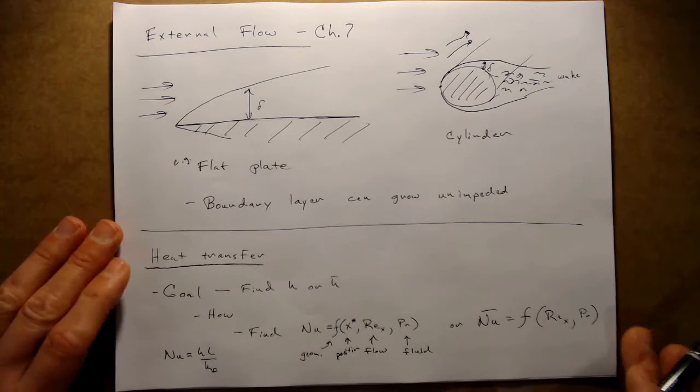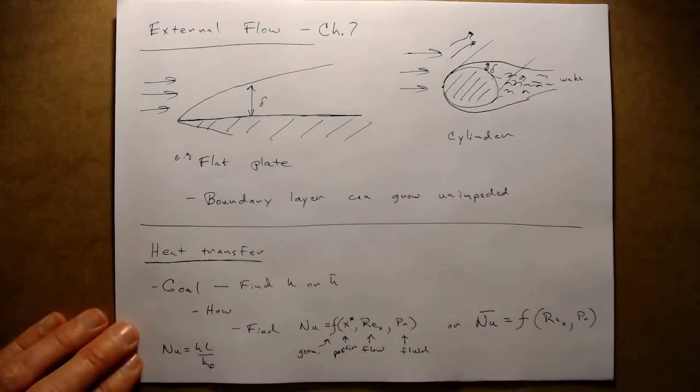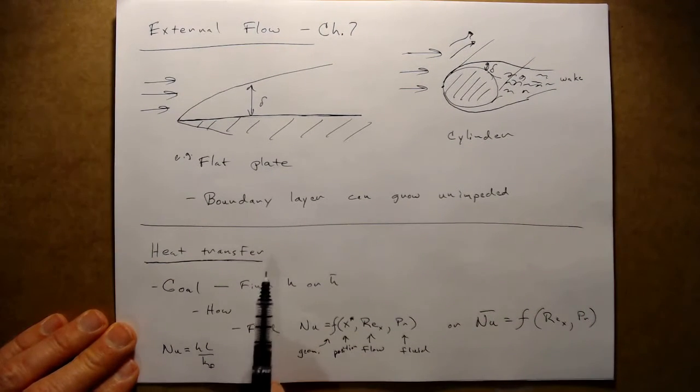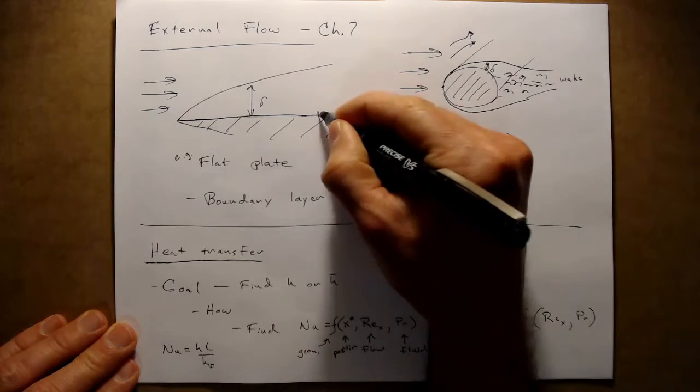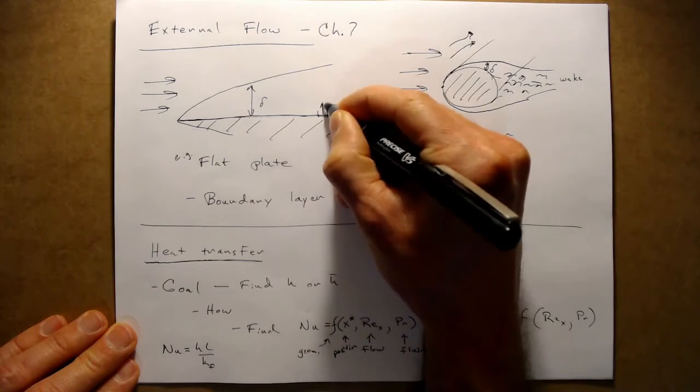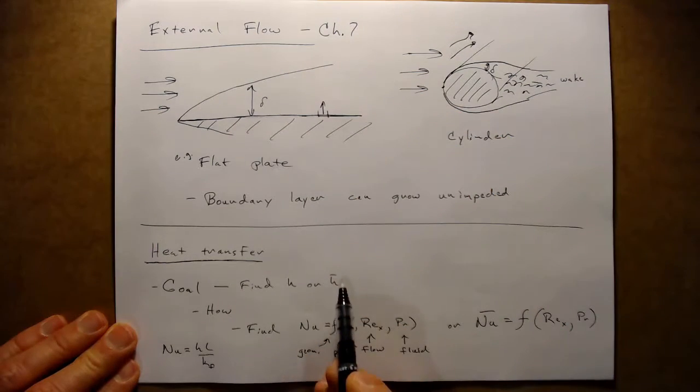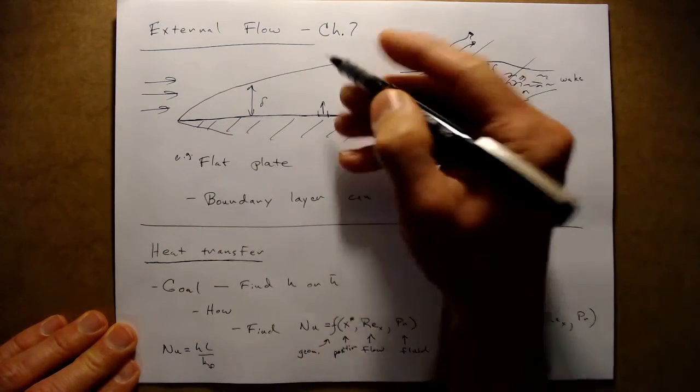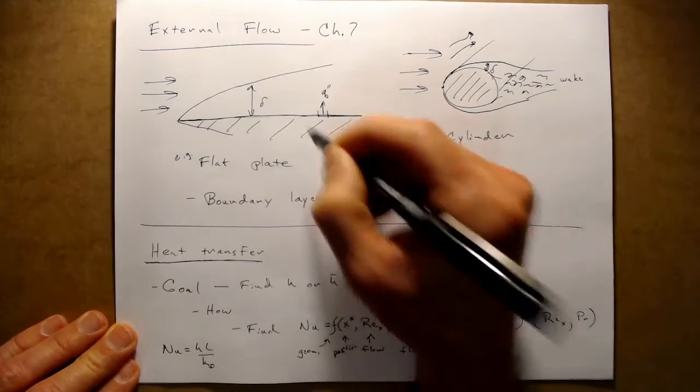So the goal of treating these geometries, we're interested in the heat transfer from them. So what we want to know in general is what is h, or what is the local heat transfer coefficient for a surface.